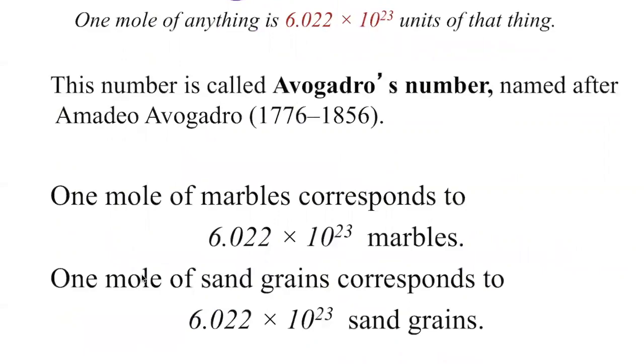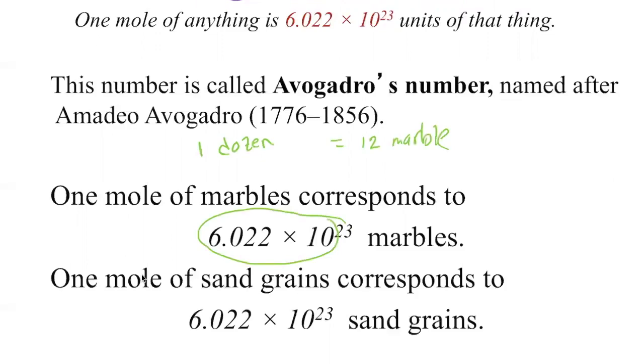For us, we're going to say 1 mole of marbles, which equals 6.022 times 10 to the 23rd power, just like 1 dozen means 12. So we can say 1 dozen marbles, which means 12 marbles, or 1 mole of marbles, which means 6.022 times 10 to the 23.